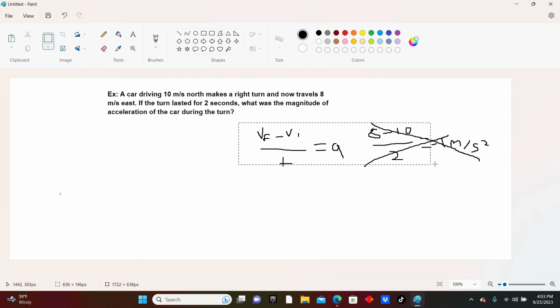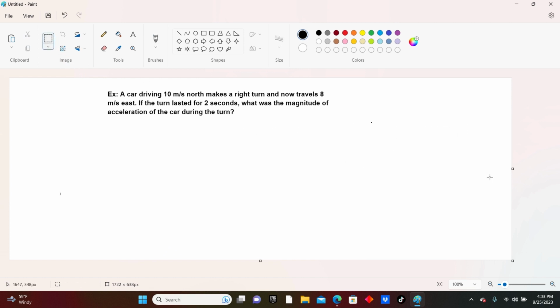So I'm going to delete this just to make room. We'll first start with the north direction. So the acceleration in the north direction I'll represent as VFN minus VIN over t.